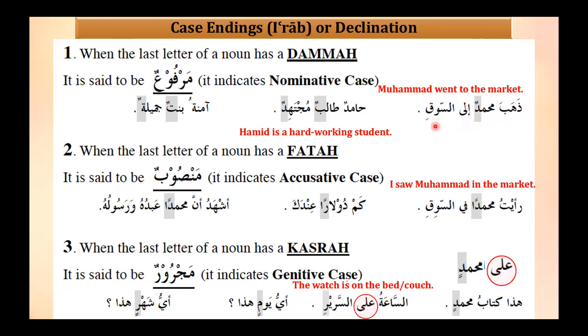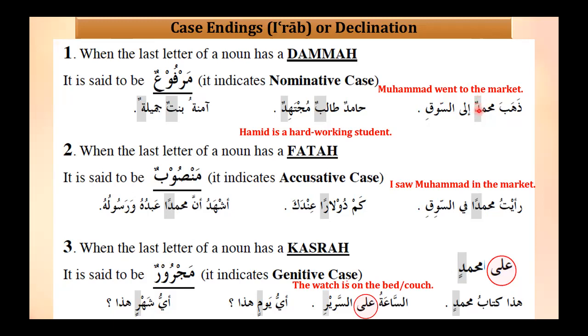Souk is market. So whenever you have a verb, you need a doer of that action. And the doer of the action is Muhammad. He is the one that went to the souk, to the market. So Muhammadun is the subject of this verb. Because Muhammadun is the subject, that is the reason why it ended with this dhamma here.